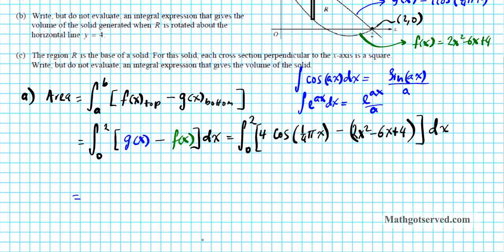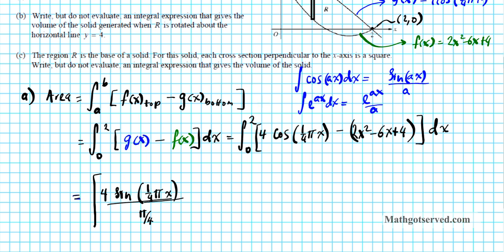All right, so let's go ahead and integrate this expression. Factor out the 4. The antiderivative of cosine is sine of 1 over 4 pi x, divided by the coefficient of x, which is 1 over 4 pi. Let's just use pi over 4.